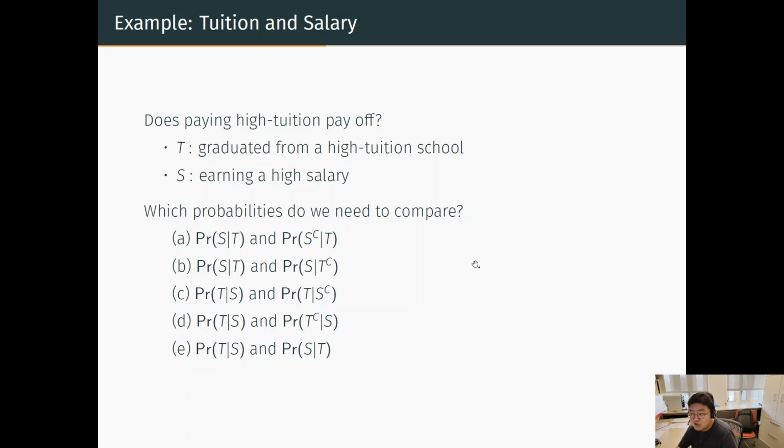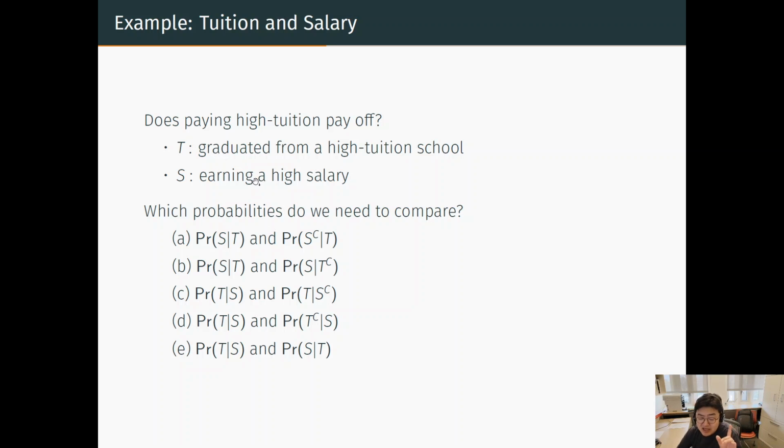Now I'll turn the page and explain this. Again, the comparison is those who graduated from high tuition versus those who graduated from a low tuition school, right? If you graduated from a high tuition school, how likely are you to make a high salary?